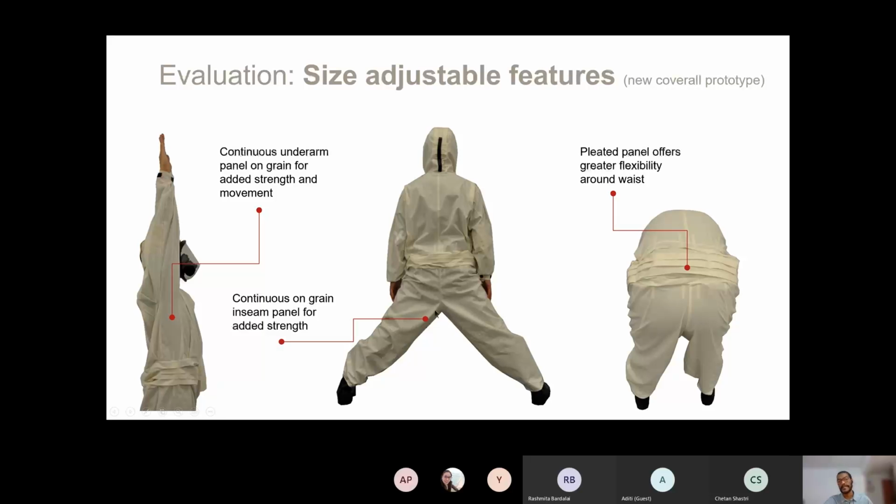So we tried to provide a continuous seam or gusset along the underarms for both the upper arm and the lower arm. We tried to add pleats along the continuous waist, which could allow vertical growth whenever there was hip flexion or extension along this plane.